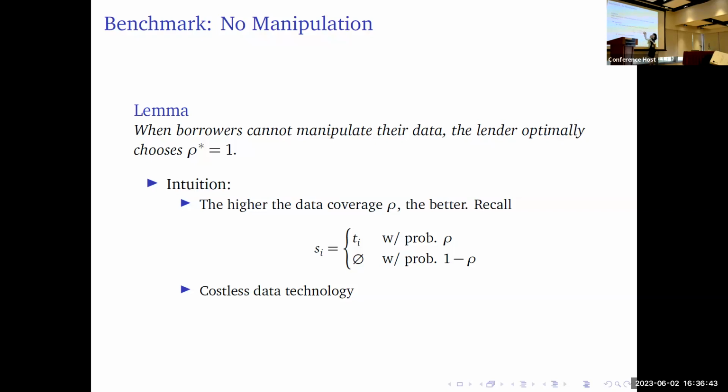So why not have the lender just choose the most accurate signal? There's no cost, only benefits. So rho goes to the extreme. That's the benchmark. Now we will move on to the main model to see what will happen if the borrowers can manipulate. This rho will be strictly less than 1.